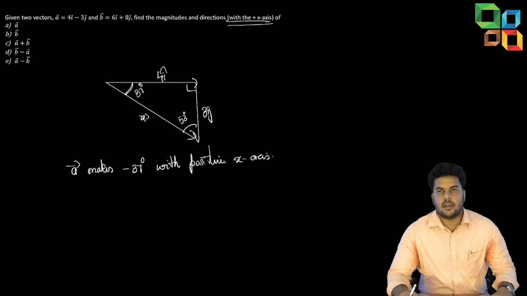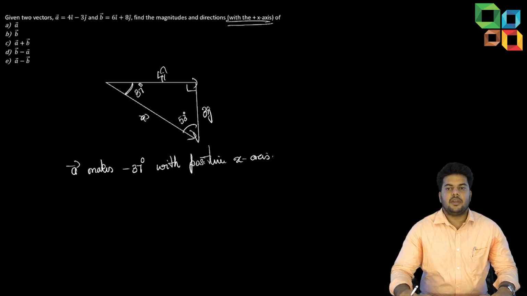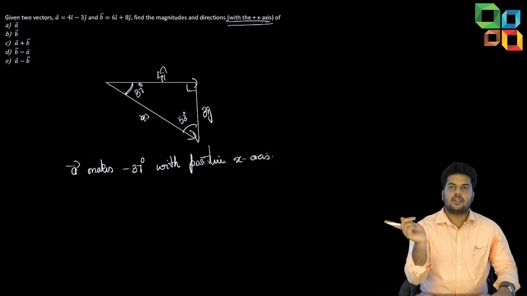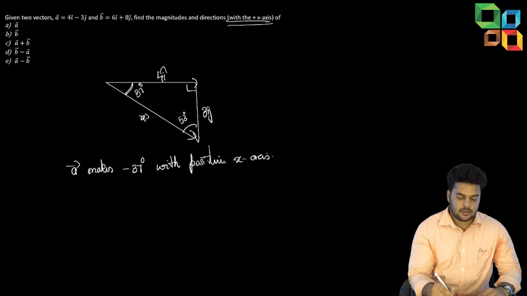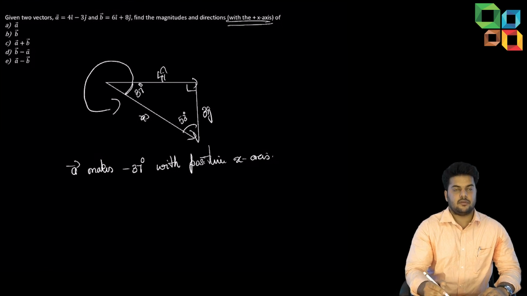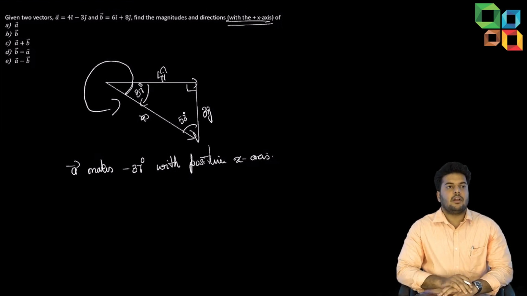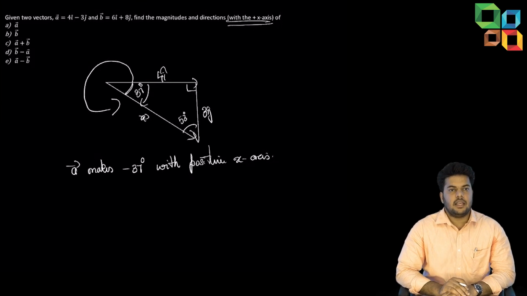Convention again, don't ask me why. If it was up to me, I would have taken clockwise as the positive. So you have to go this way, that would be positive. But since we have gone this way, we'll call it negative 37. Again, a convention.